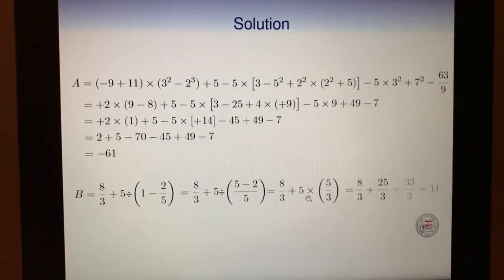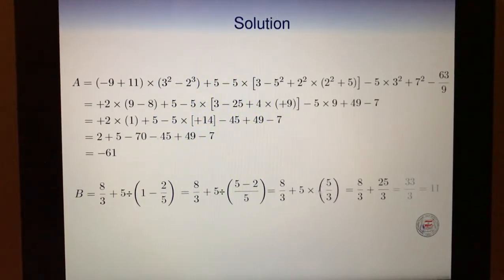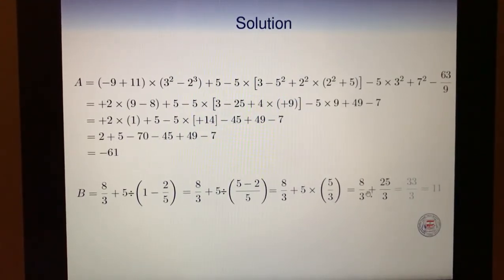Multiplying two fractions by each other, 5 times 5 is 25, 1 times 3 is 3. These two fractions have the same denominator, so you don't need to take a common denominator. So over 3, then 8 plus 25 is 33, and the answer is 11, dividing by 3 the numerator and the denominator.